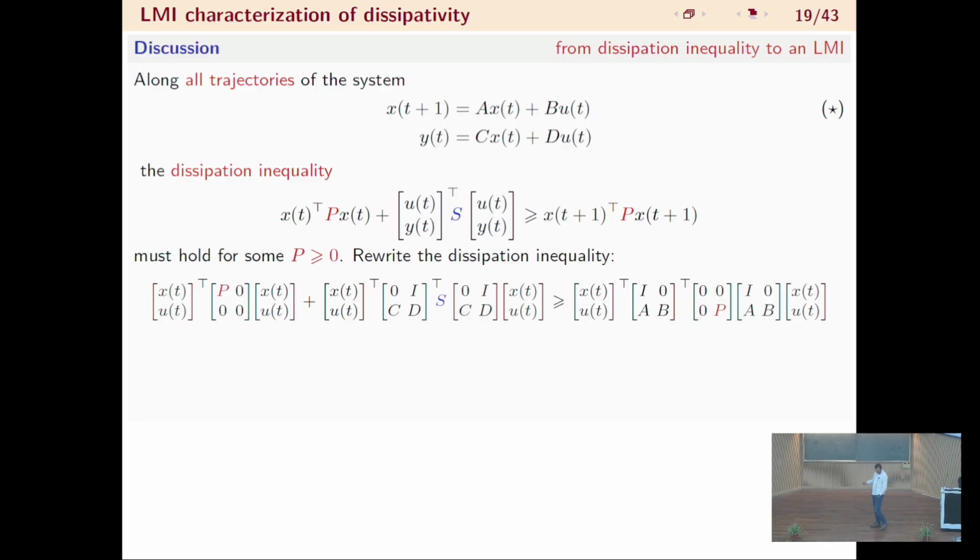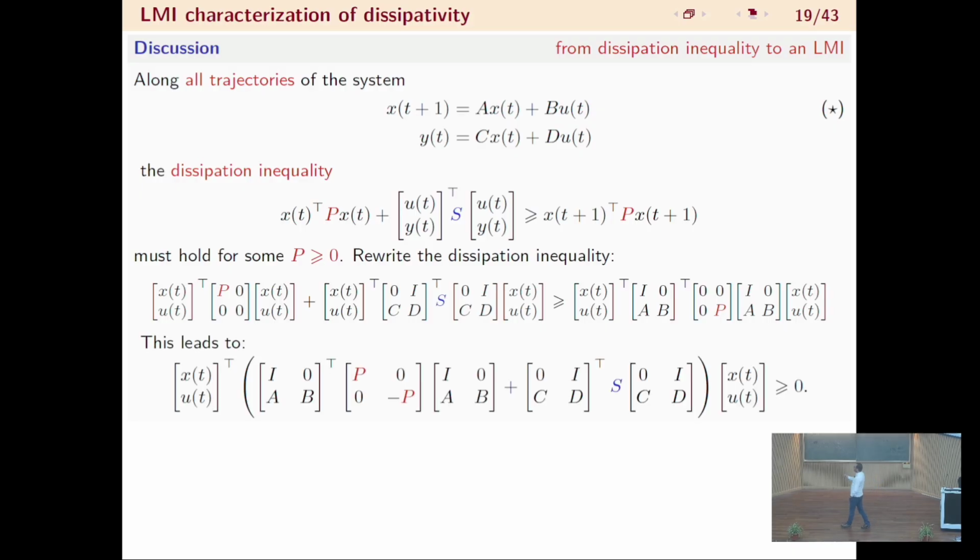But the nice thing about this way of writing it is that now everything is in terms of the xu vector. So if I take xu transpose out from the left and xu from the right, then I'm going to look at this inequality. Agree? And this has to be satisfied for all xu trajectories.